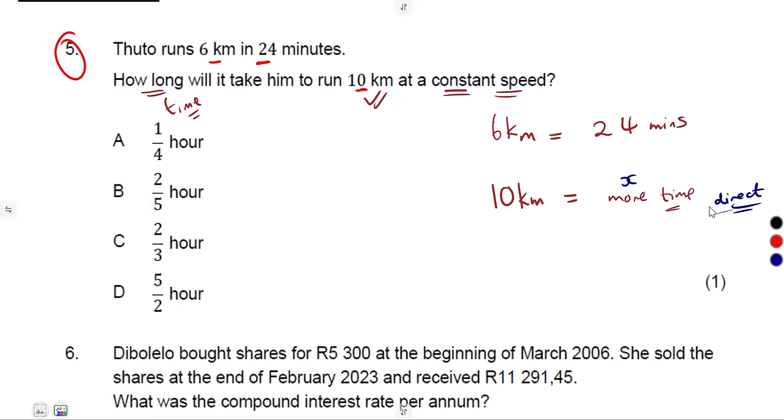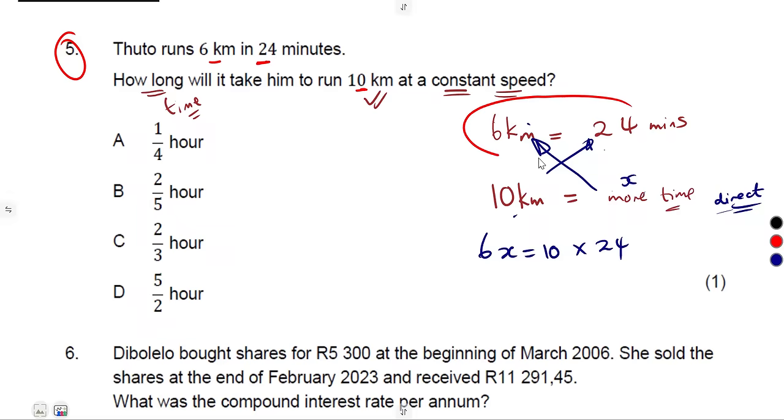If it is direct, remember, that is where we perform cross multiplication. So I'm going to multiply 6 by x. That's 6x. Then 10 by 24. All right. If it is a condition which is indirect, you multiply along.